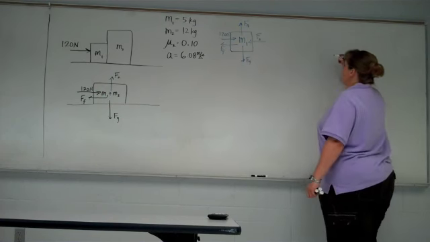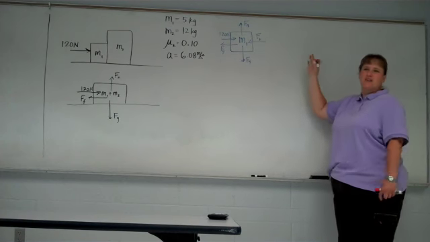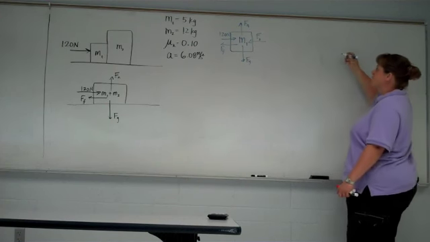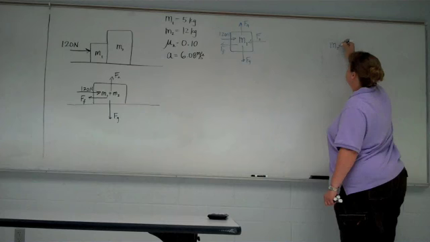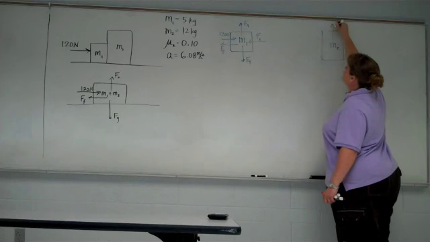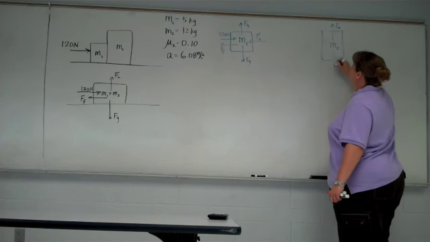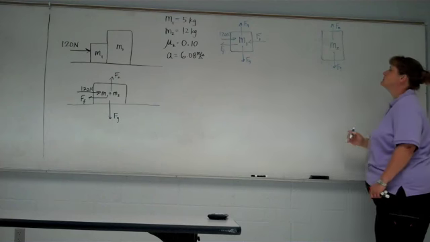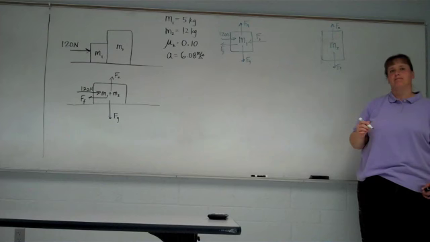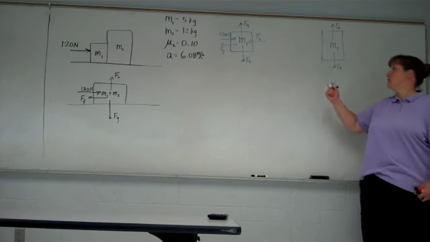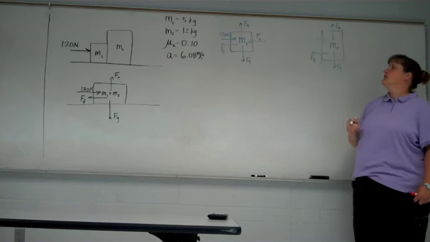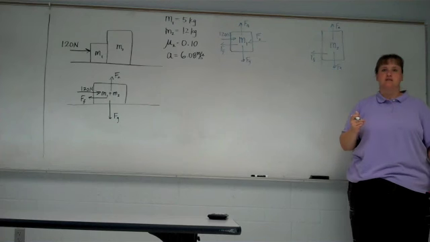Let's go ahead and draw the picture for box 2. We'll only write the equations for one of them. It doesn't matter which one we do. But let's draw the picture so we know what it looks like for box 2. Box 2, of course, will have its own normal force and its own force of gravity as well. What else will be acting on it? Friction. There will be friction. It will not be 120.